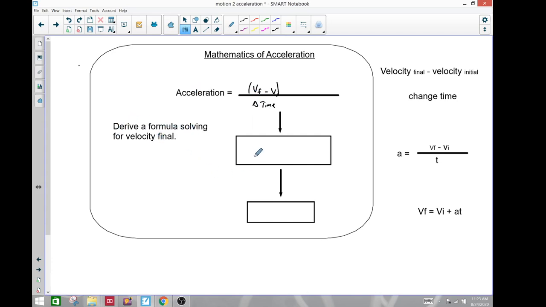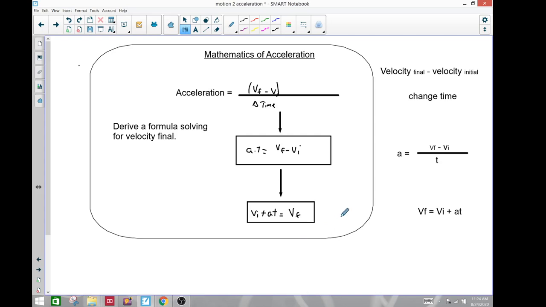First thing I would do is multiply over, so acceleration times time equals Vf minus Vi. This is part of a derivation process: we have a beginning, a middle, and an end. Then I'm going to add over my Vi, so it's Vi plus at equals Vf.